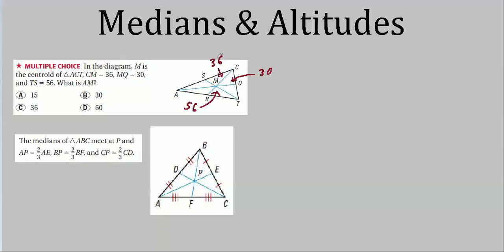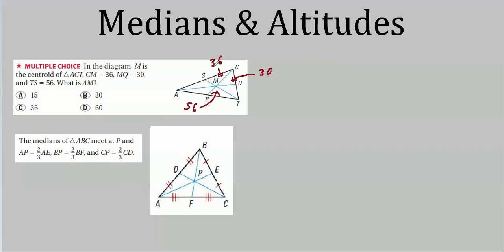I went ahead and drew in what we know. We got CM is 36, that's this one here. MQ, that's this here, that's 30. MT, or, well, pardon me, this whole thing here, is 56.